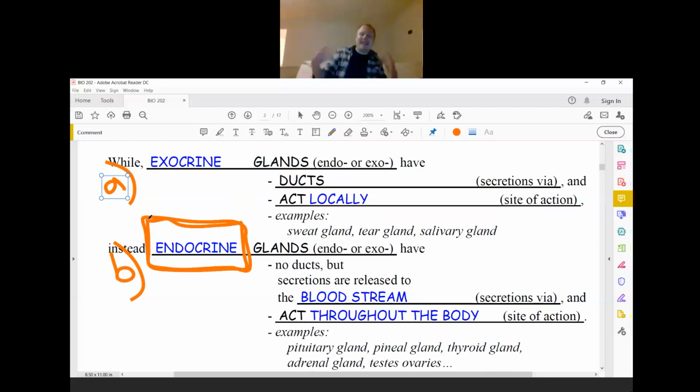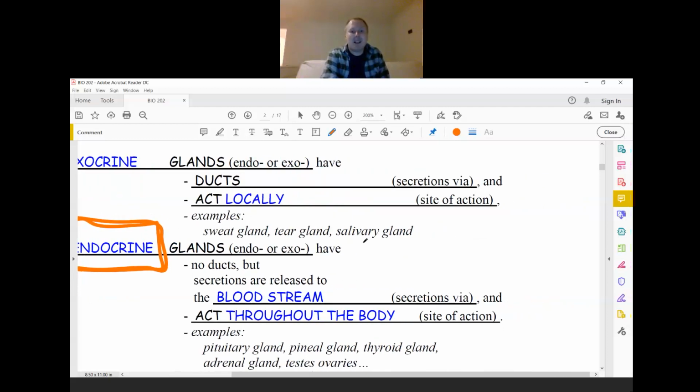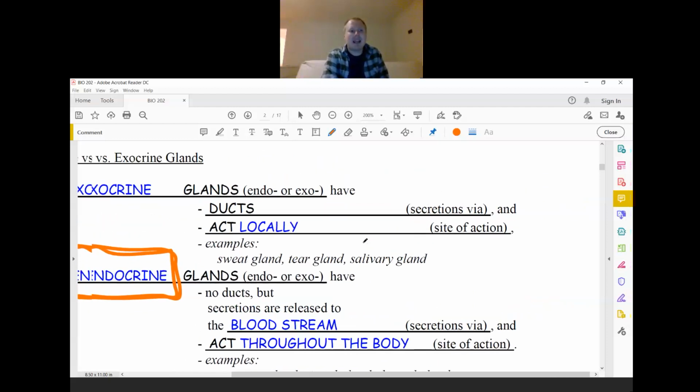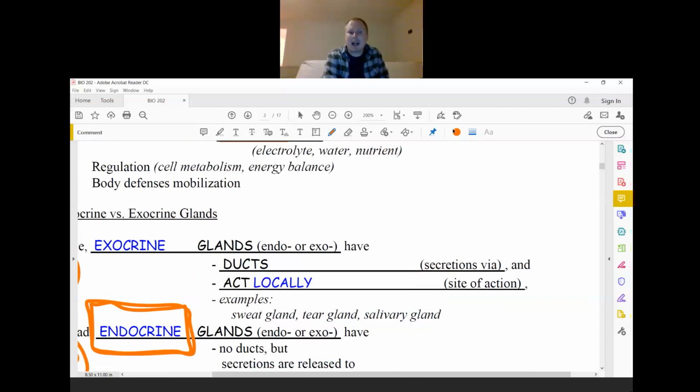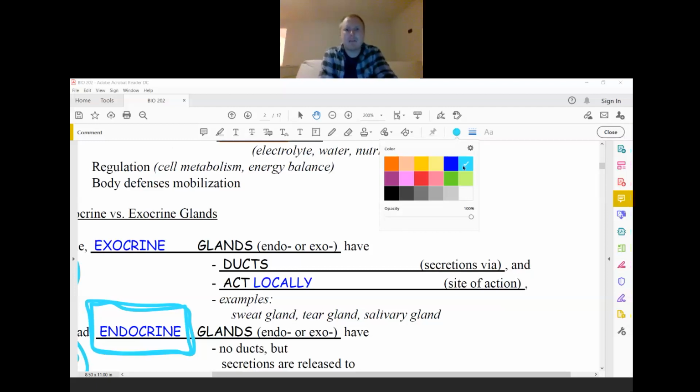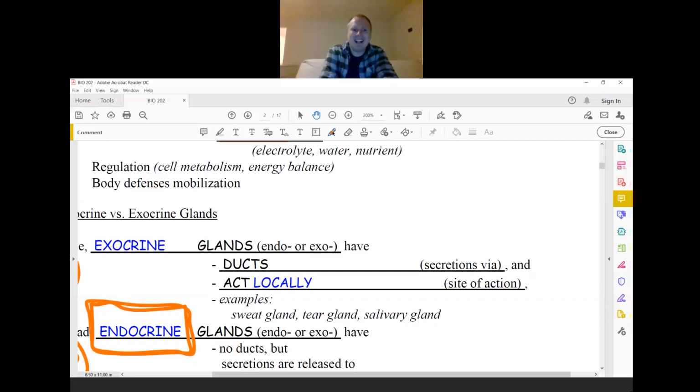But to understand the difference between these two helps us to understand the nature of the endocrine glands then. Well, let's start, though, by looking at the exocrine glands. So where we might have seen exocrine glands in the past is, for example, when you think of glands such as sweat glands.